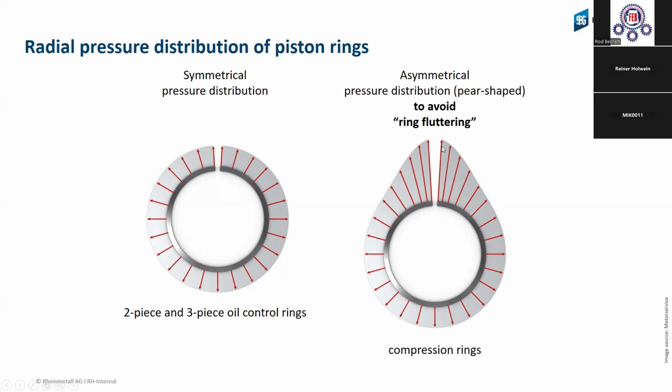This is also why, when you open an engine after a while, maybe after running 100 hours or not longer, you see wear at this end of the piston rings where the pressure is higher, but on the other side of the ring maybe you don't see wear positions.